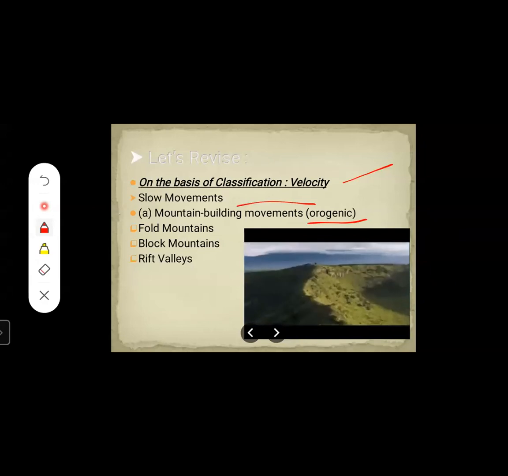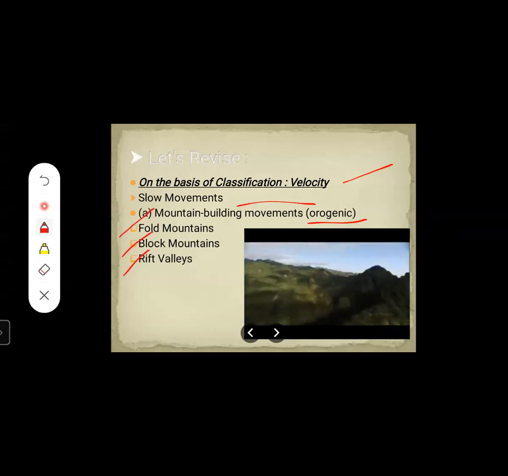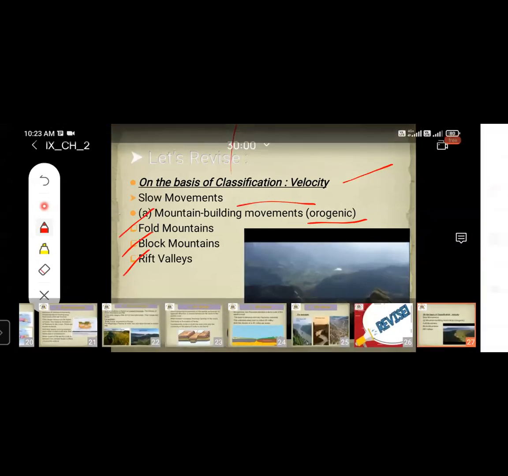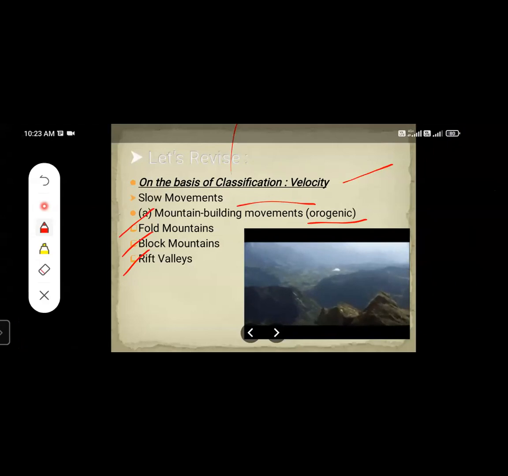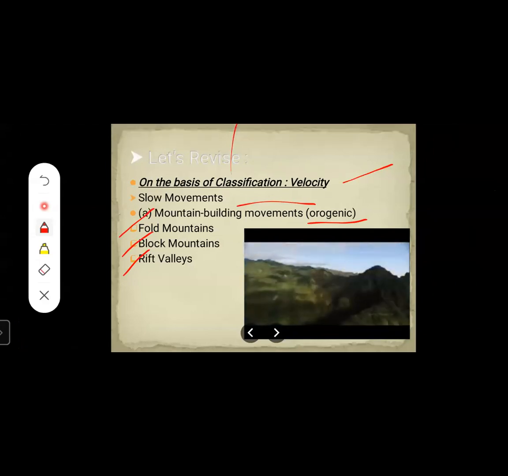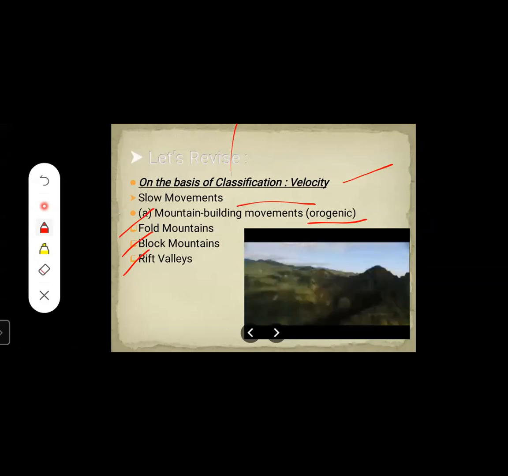In that we studied three parts: fold mountains, block mountains, and the rift valleys. We are learning from the interior of the Earth's movement.